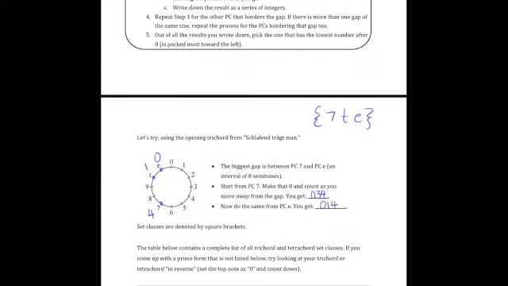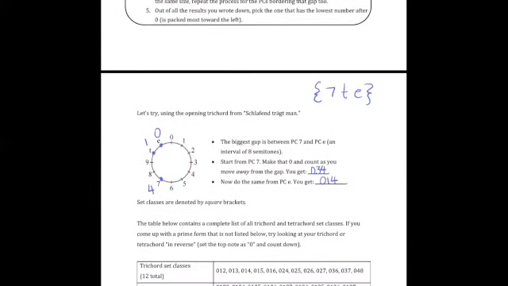Now, step 5, out of all the results that you wrote down, so we have 034 and 014, you choose the one that has the lowest number after the 0. That's what we mean when we say packed most towards the left. You want the set class that has the lowest number after the 0, because every one of them is going to start with 0.